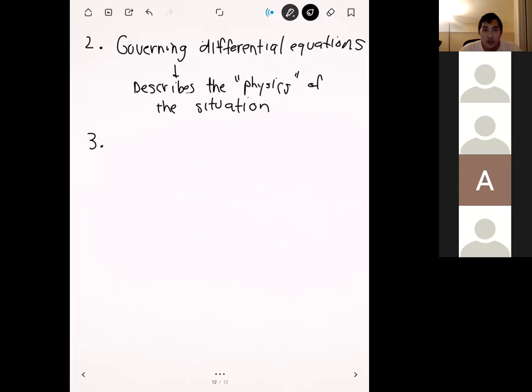And then the last thing that you need is also the boundary conditions. The reason you need boundary conditions is that you need a way to specify what's going to happen on the outsides of your domain. Okay.